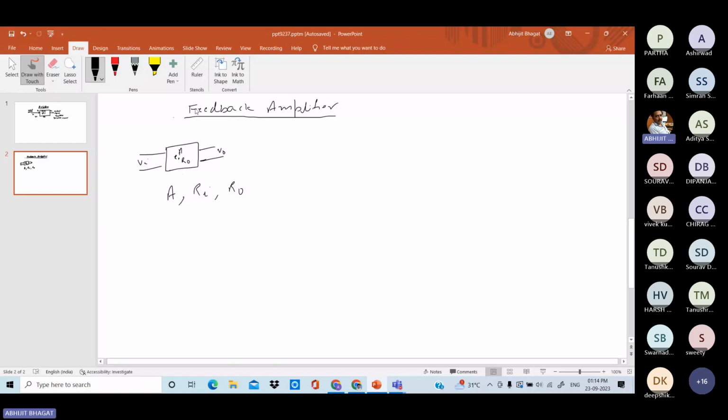So feedback amplifier is some technique by which you can change these parameters of the amplifier.